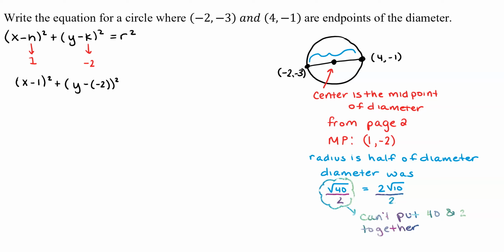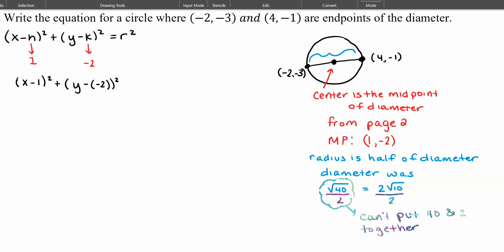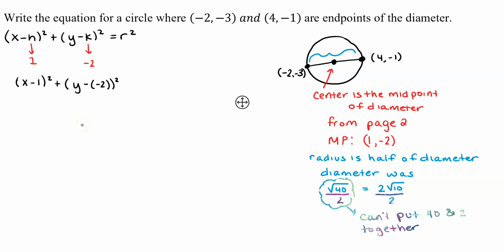So if we look on this other side, if we look on this part, we can put the 2's together because neither one of them is under a radical, and they actually cancel out.